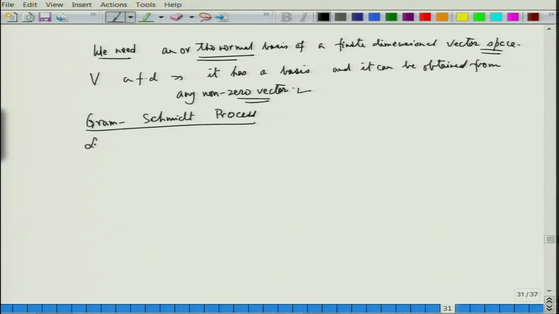So, let S is equal to {U1, U2, ..., Un} be any linearly independent set.